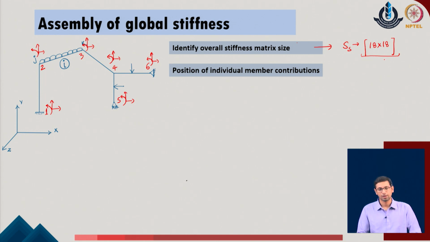But at the same time, while we have defined the individual element stiffness matrix, say for any member i, we came up with the expression S of Mi, and the size of this stiffness matrix for an individual member is a 6 cross 6 matrix. If we recall briefly, we had a 6 cross 6 stiffness matrix defined in the local coordinates. Then we defined the transformation rules, through which we again got a stiffness matrix of the same size, which is 6 cross 6.